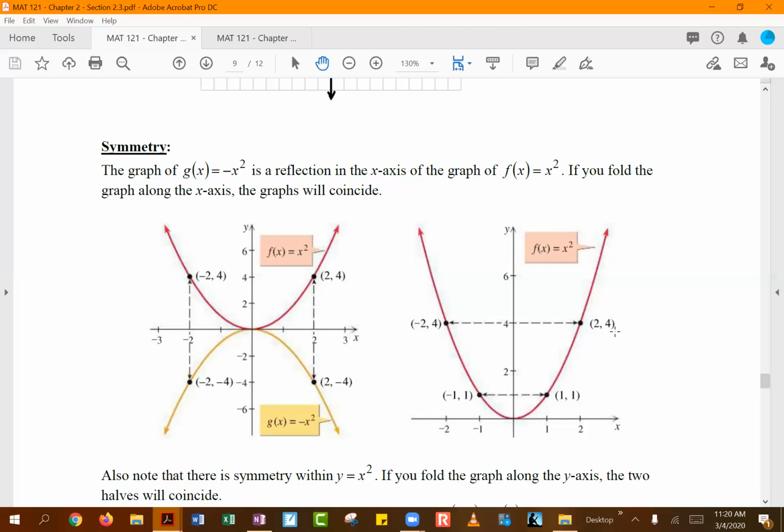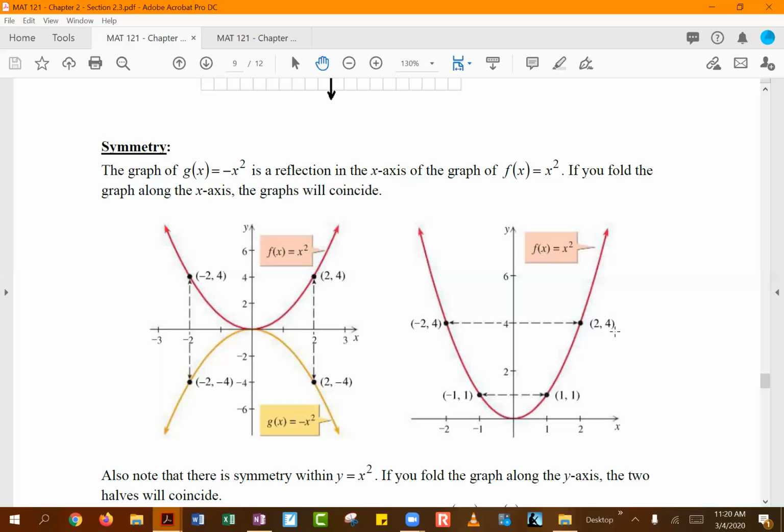Now, they also actually talk about symmetry with respect to the x-axis, but we're not really going to be looking at symmetry with the x-axis, but the idea is still the same thing. So you've got your positive x squared function on the top. So that's a parabola opening up. And we've got its reflection. So that's a negative x squared function here on the bottom.